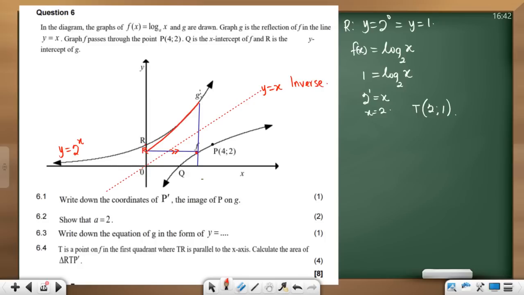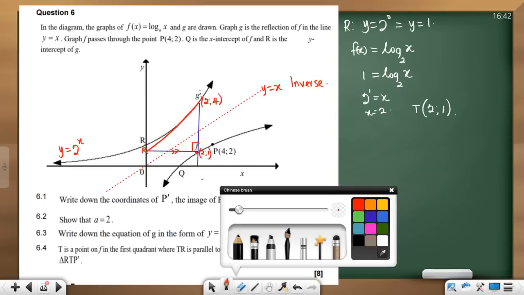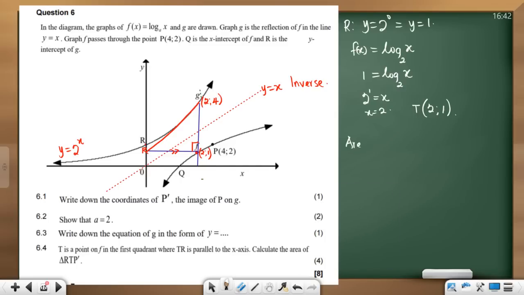What do you notice? x is 2, y is 1, and 2 and 4. It's actually a straight line, which gives me a right angle triangle. So the area of triangle RT, the image of P, is half base times height.